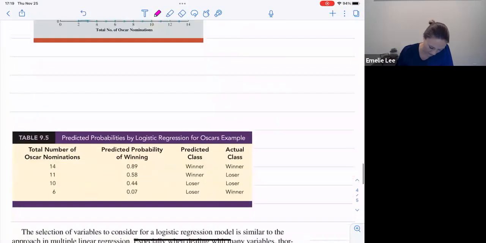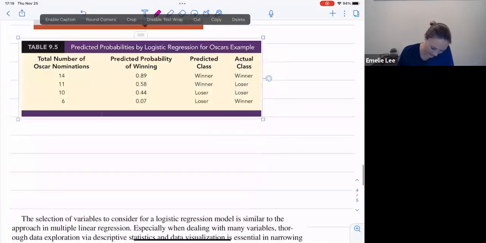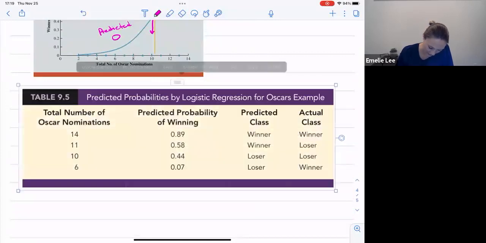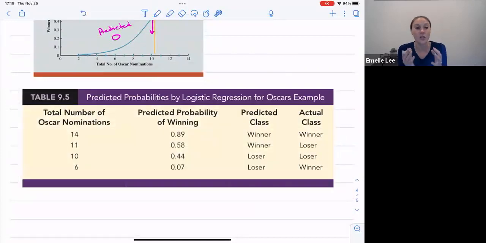Okay. So if we have a look at our data, right now we can start to go back to the previous section where we can look at, okay, if I predicted that they were in class 1, so they were going to win, what actually happened, right? How was I wrong? Was I right? Whatever. So we have some total number of Oscar nominations, and we can find the predicted probability of winning, 0.89, 0.58, 0.44, 0.07.